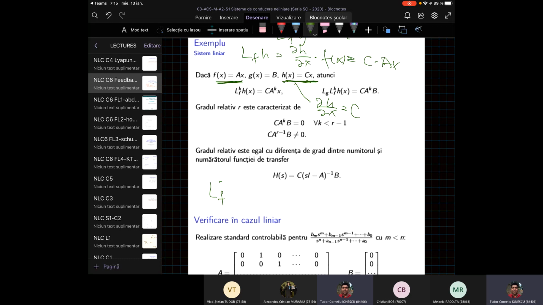So LF^2 h is d(LF h)(x), which is d(CAx)/dx times Ax. What is the derivative of CAx with respect to x?